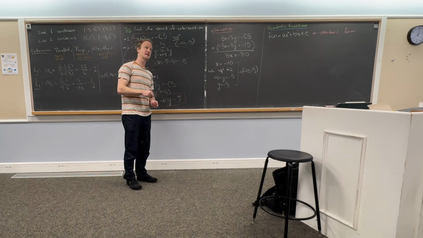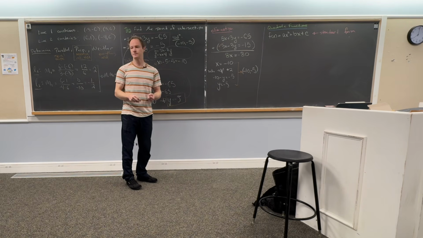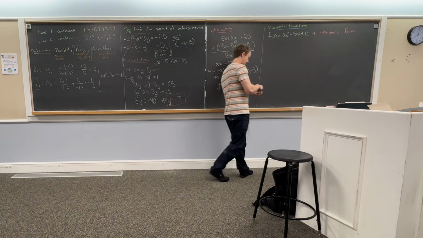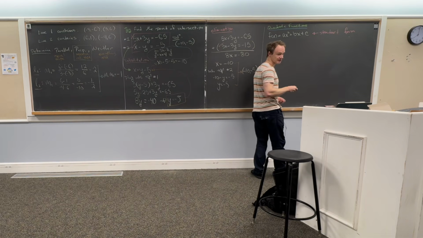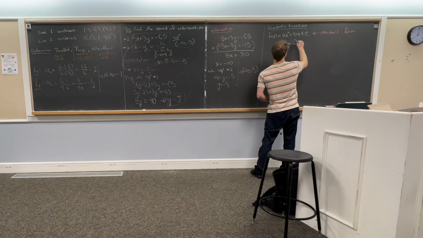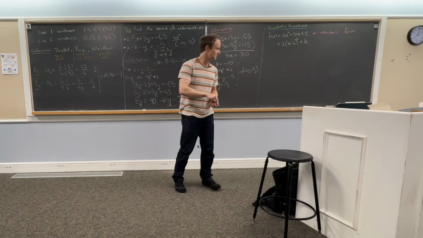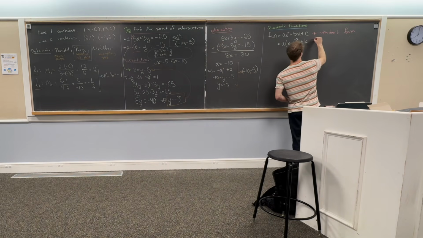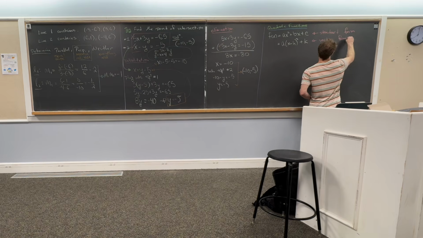And you can think of this as like slope-intercept form of a line. And then there's this other form that is called the vertex form, and that will be of the form a times x minus h squared plus k. So this is the vertex form.